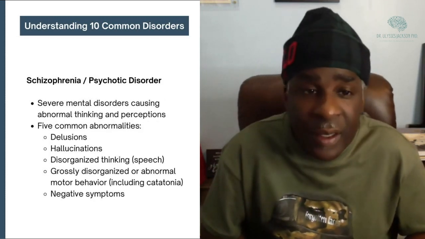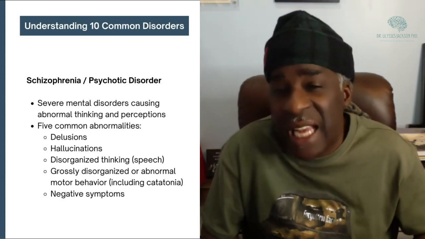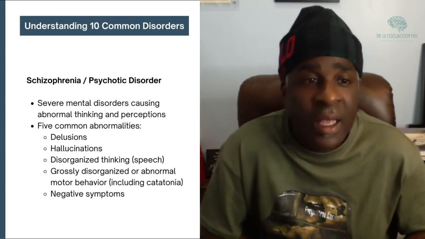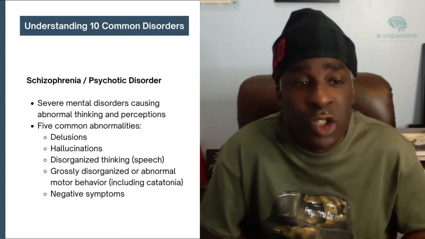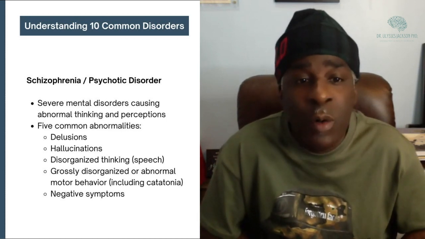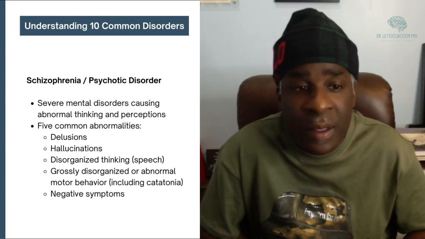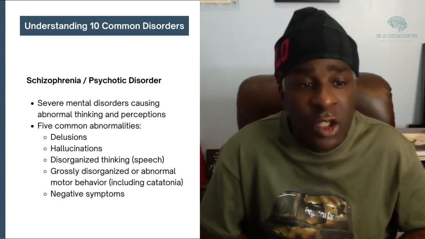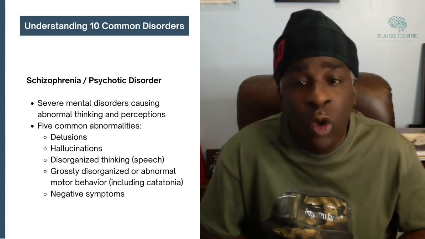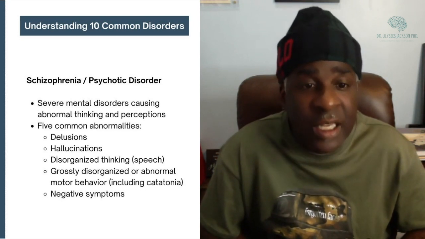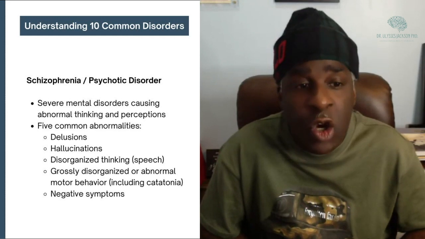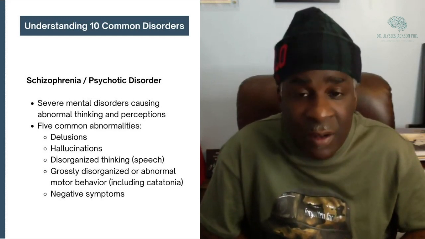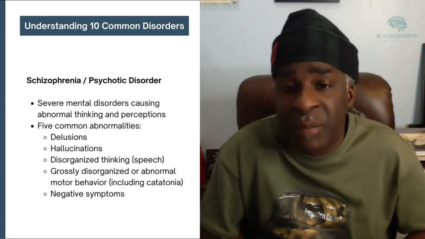Schizophrenia. This is what they consider and classify and cluster as a psychotic disorder. This has severe mental disorders causing abnormal thinking and perception. 5 features must be present: delusions, hallucinations, disorganized speaking, grossly disorganized or abnormal motor behavior, with other negative symptoms.